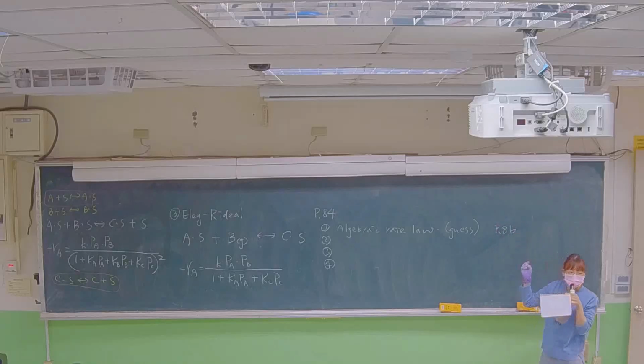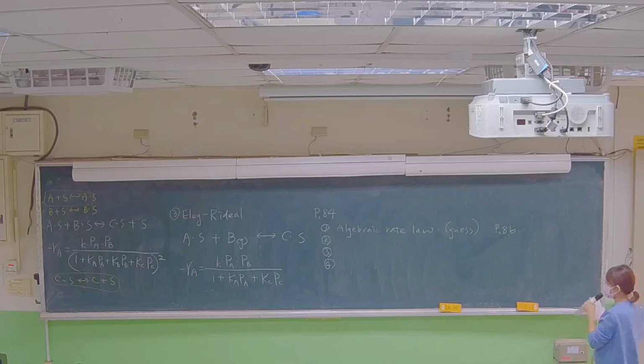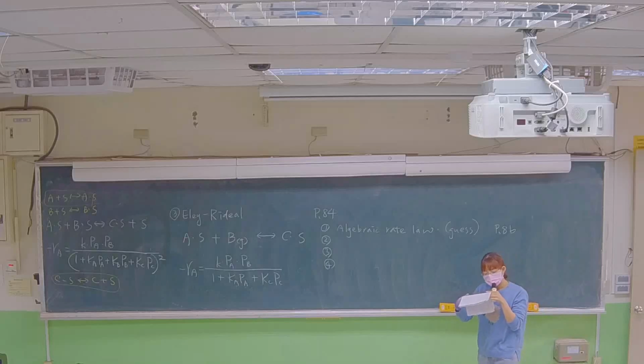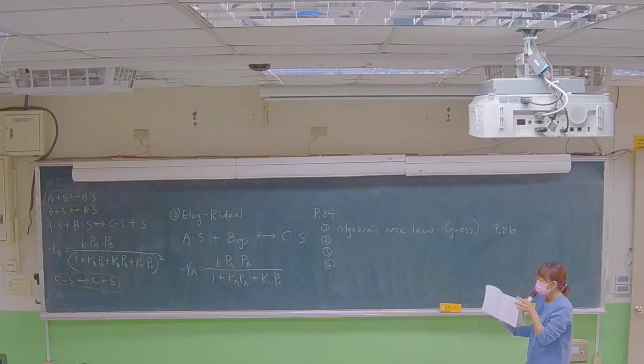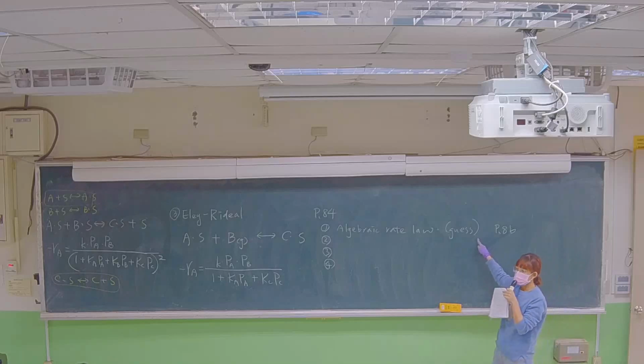Can you see the table? Yeah, that is the experimental data. There are so many sets, 16, right? You do 16 experiments, and you use different pressures for your reactant, and you get a different rate. So from this kind of table, you use the data to gauge a rate law. That is the first thing.